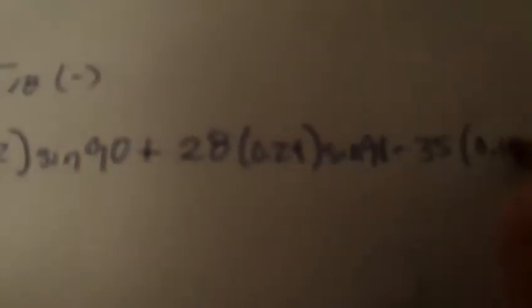And I'm going to subtract off 35 times 0.12 sine 90, and it's going to be plus or minus 0.4 meters newtons. Okay, I don't know whether I'm going to add or subtract this yet. I want to find out whether the total is positive or negative, because it says it works against the rest.